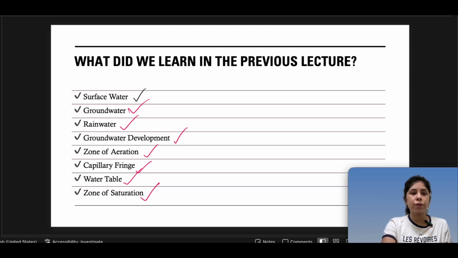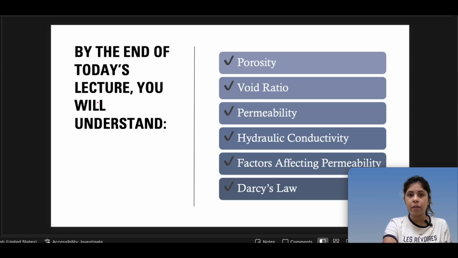Now, by the end of today's lecture, we will be able to understand what porosity is, what void ratio is, what permeability is, what hydraulic conductivity is, and what factors affect the hydraulic permeability.